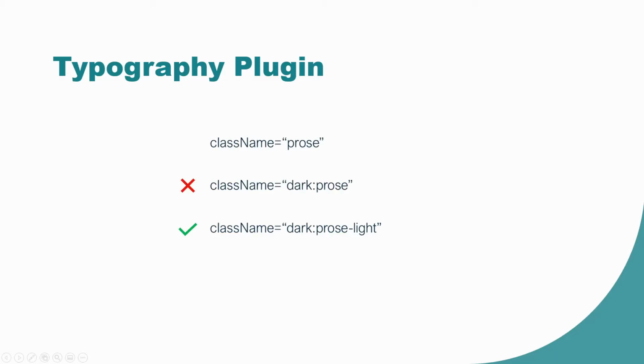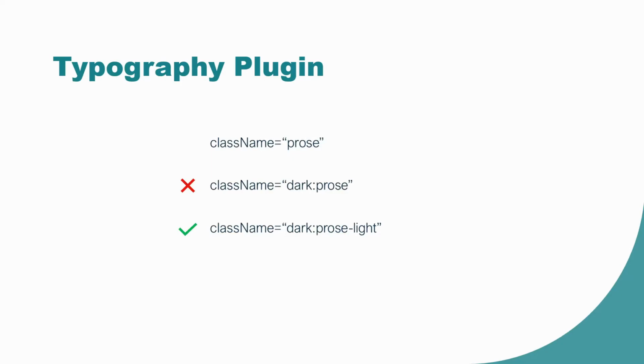But if you go to their GitHub repo, there are already some pull requests added to support the dark mode. And if you're working on an application that uses the typography plugin and you want to implement the dark mode, which currently the plugin is still not yet supporting, there is another way to make it work.